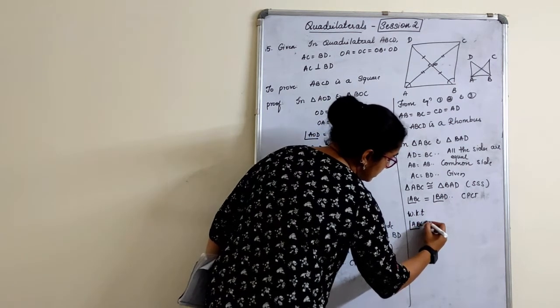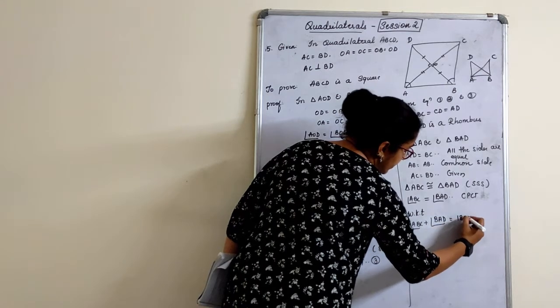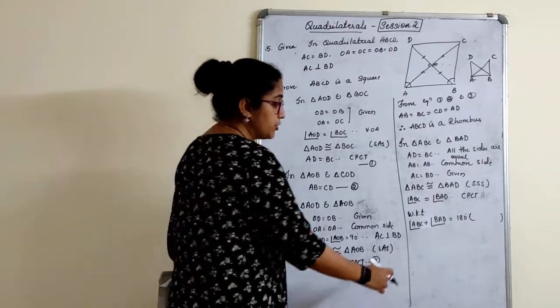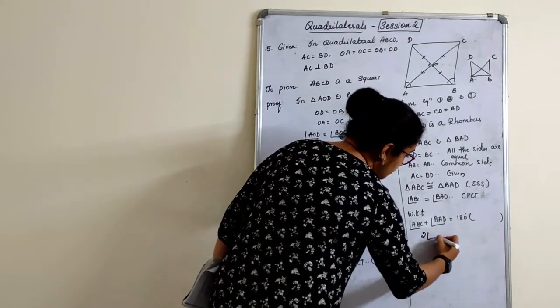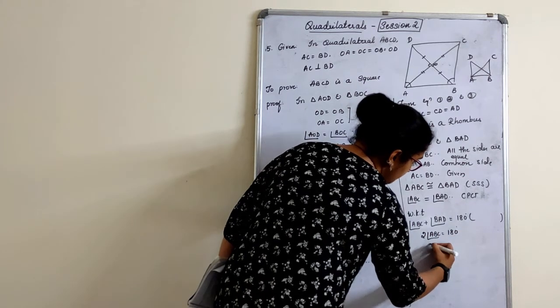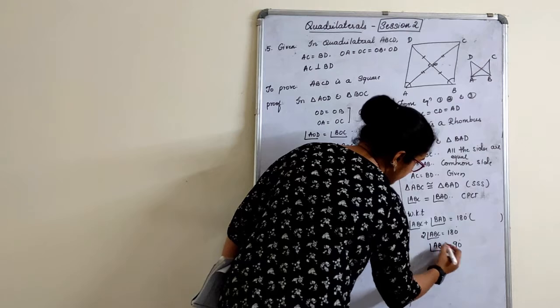We know that angle ABC plus angle BAD is equal to 180. Reason, children, please write down: consecutive angles are supplementary. 2 times angle ABC is equal to 180. Therefore, angle ABC is equal to 90.